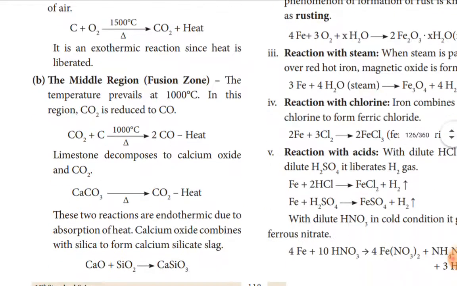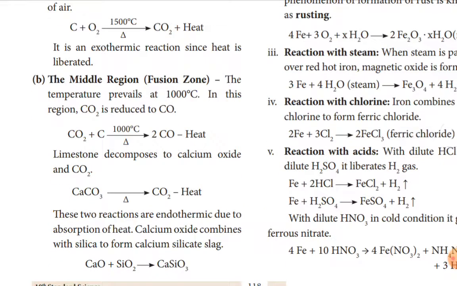Also, one more reaction takes place, limestone. Limestone is nothing but calcium carbonate, CaCO3 is called limestone. On heating, because of the temperature of 1000 degrees Celsius, this is going to decompose. Decompose means split. Calcium carbonate splits into calcium oxide and carbon dioxide.